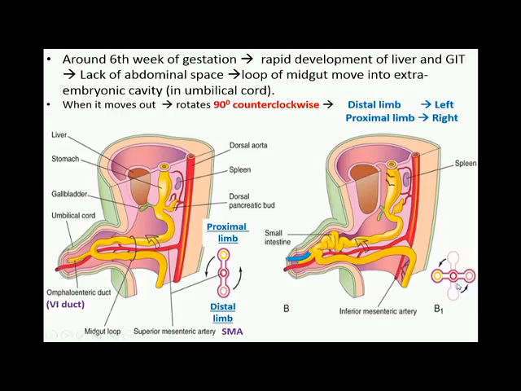See, now the distal end is here, proximal end is there. So initially your cecum area somewhere there, the duodenal flexure is there, it undergoes 90 degrees rotation, it comes here, 90 degrees.